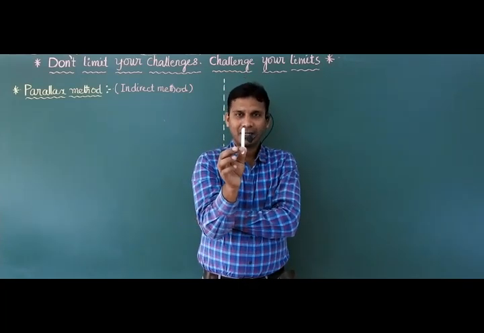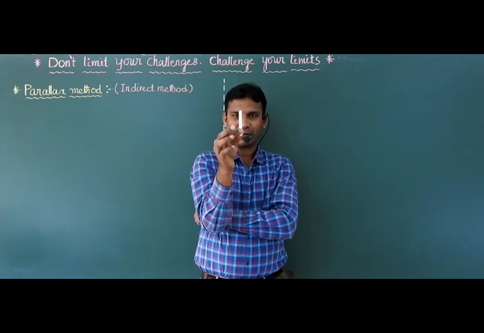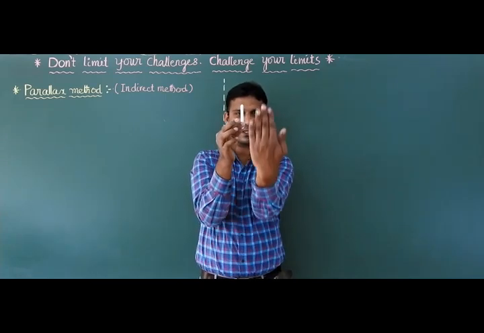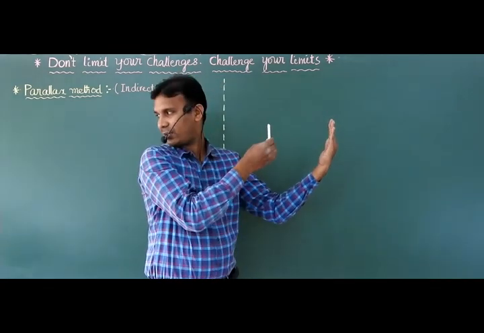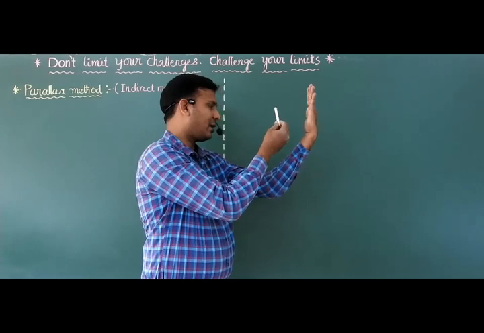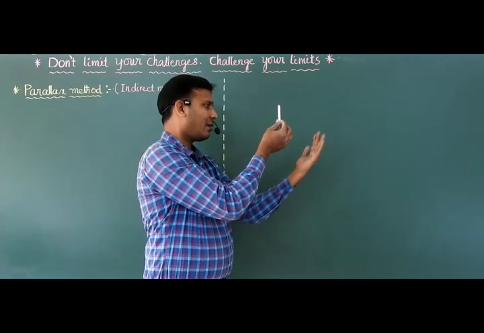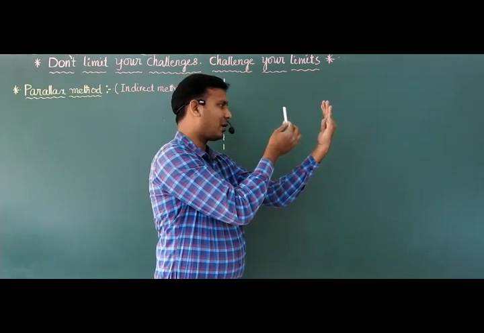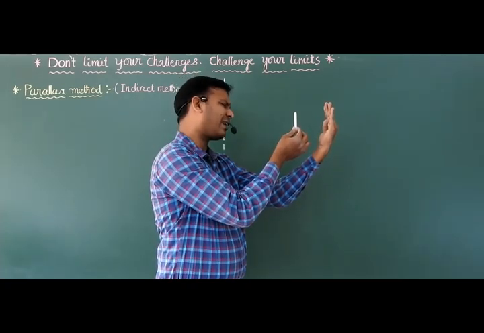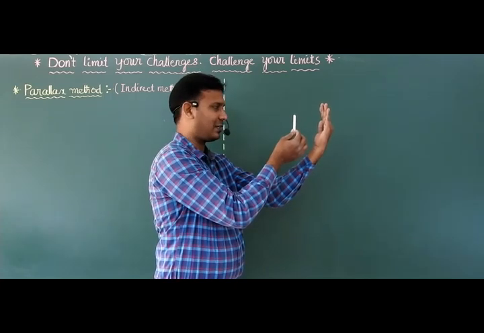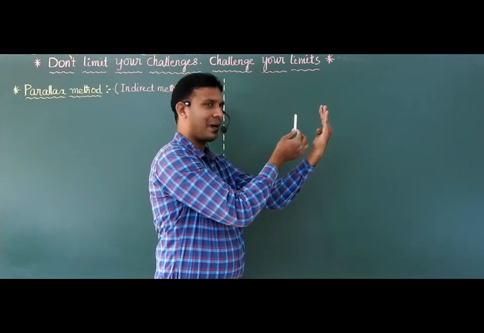Once again I am repeating, listen carefully. If you keep an object like this in front of your eyes against a certain background, let us assume this is the background, right? Now I am placing an object like this. When you are keeping this object in front of your eyes, first close the left eye or right eye, any eye, and observe the object with one eye against this background.